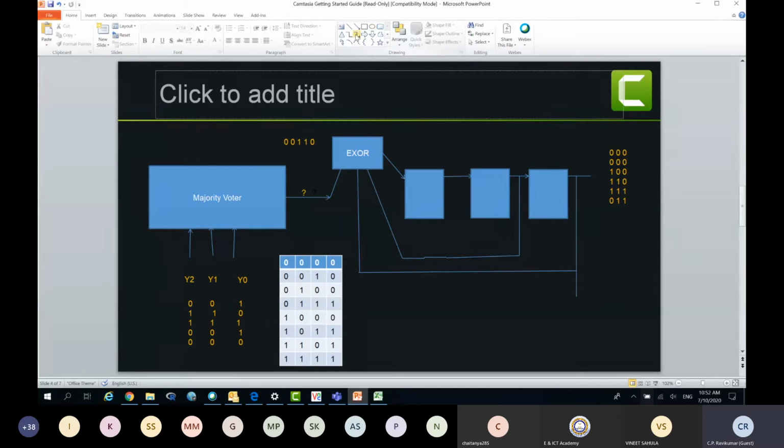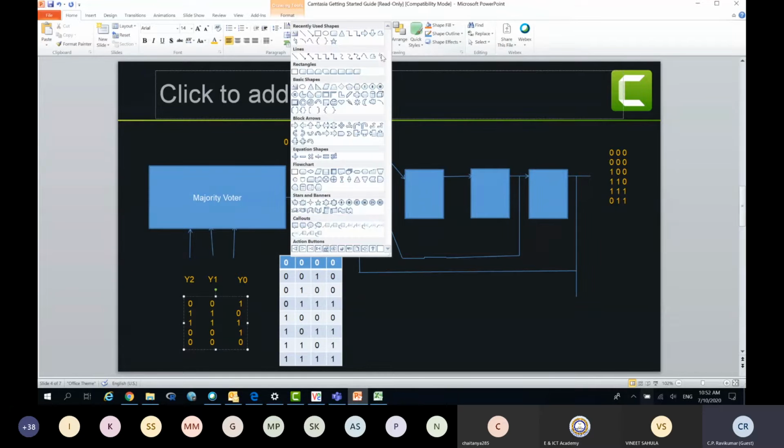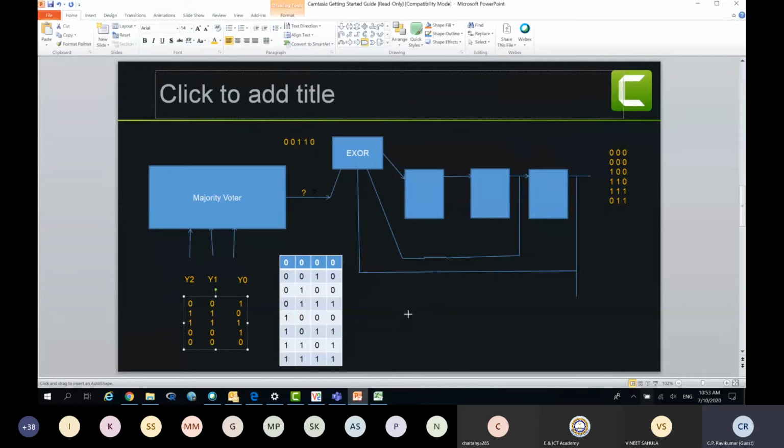So you see, some of you designed this majority voter, right? It looked like this. So it had a y1, y2.